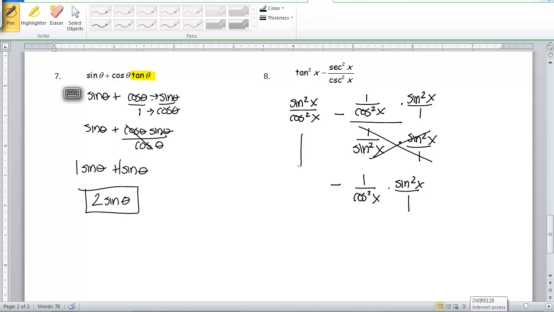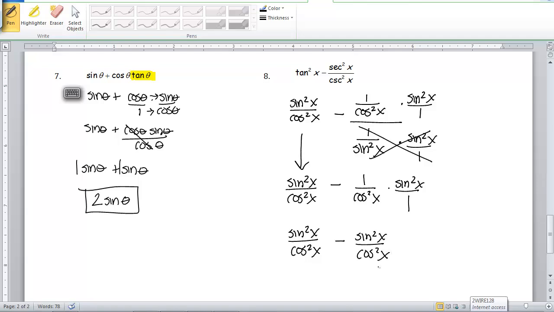And of course, we still have our sine squared over cosine squared. If I multiply those, you're going to notice that you actually get sine squared over cosine squared.